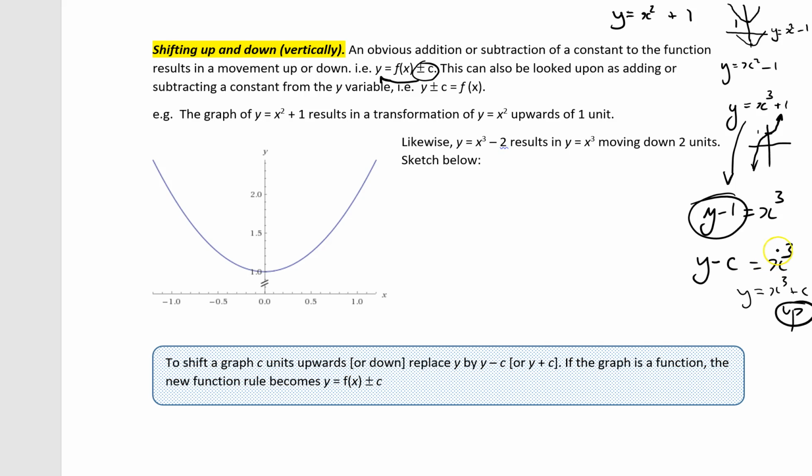It's a little bit like we saw minusing the x pushed the graph to the right.